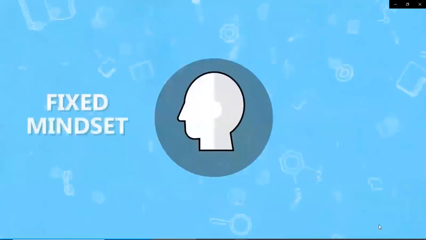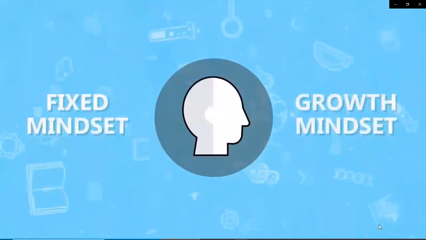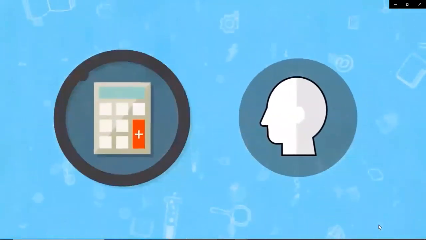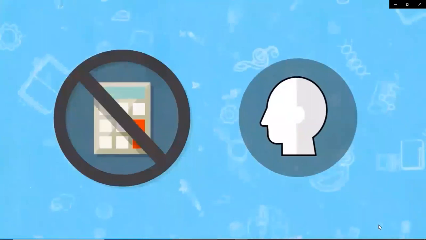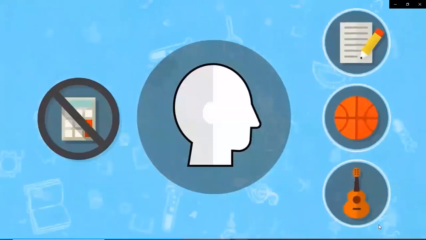And you may feel like you have a fixed mindset in some ways and a growth mindset in others. For example, you may think with a fixed mindset that you're just not a math person, but you may adopt a growth mindset with writing, music, sports, or another discipline.